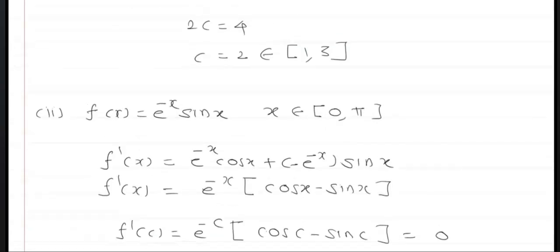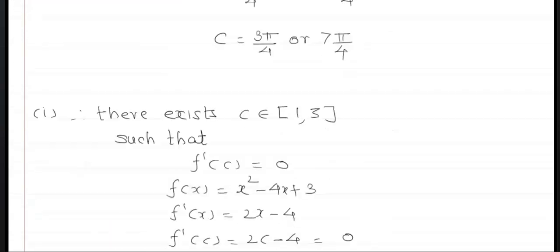Therefore, sin c is equal to cos c, and at what value are they equal? That is c equal to pi by 4, and it belongs to the closed interval 0 to pi. Yes, this is the value of c for the problem number 2.